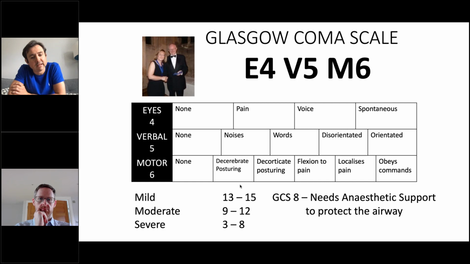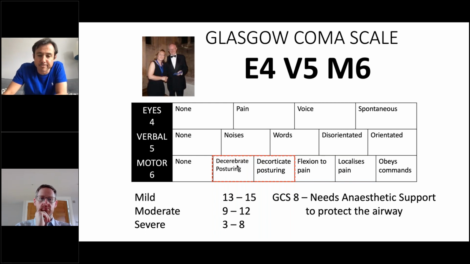A GCS of 3 is probably the worst one you get, but I think the problem really lies in the distinction between decerebrate posturing and decorticate posturing and what that means, and people get really caught up in that.